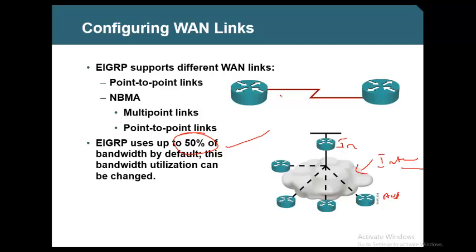If you have a tunnel and the tunnel bandwidth is 100 meg, EIGRP will say I need 50% for myself. So the balance 50 meg will be for the data traffic. The management traffic EIGRP is going to take 50 meg out of 100 meg.